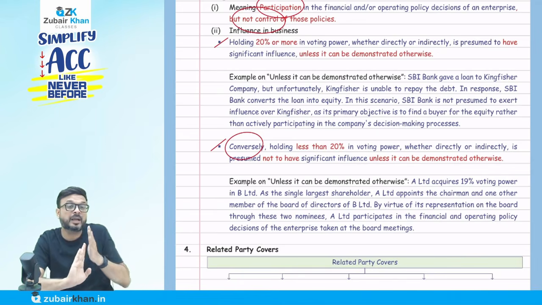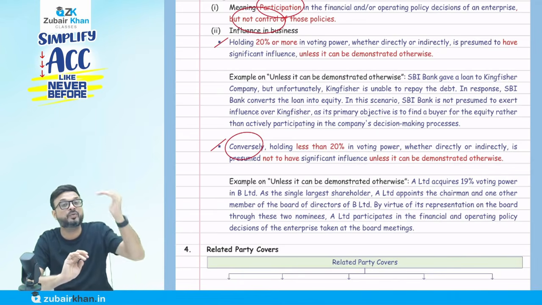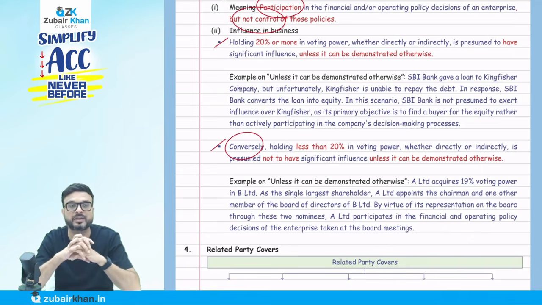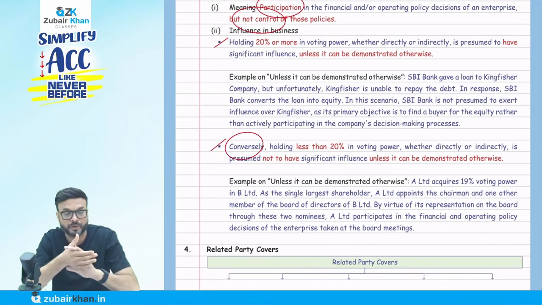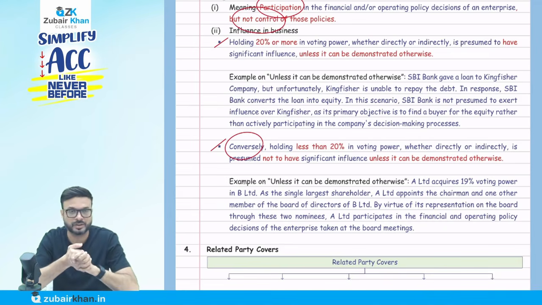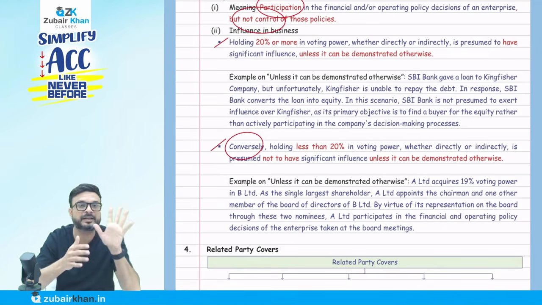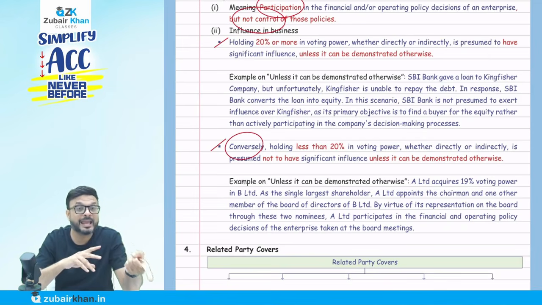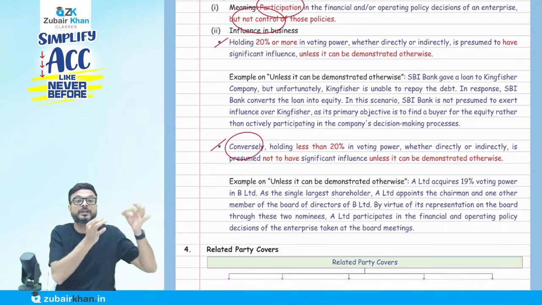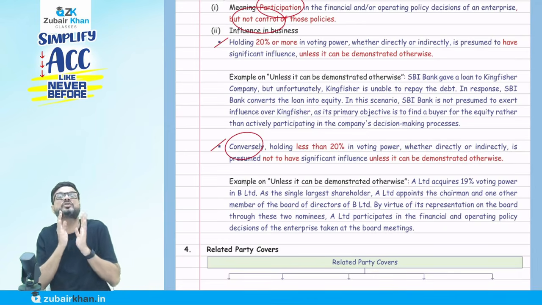But at certain times it might happen that even though we are holding less than 20%, we still have a significant influence on them. Let me give an example. Suppose we hold 18% shares of the company. You'll say, oh sir, you hold less than 20%, you don't have a significant influence. I agree, but let me complete the sentence. We are the single largest shareholder of the company. It means we hold the maximum number of shares individually.